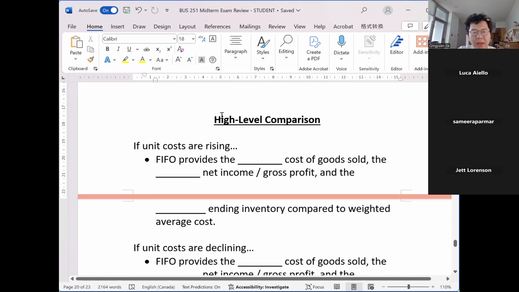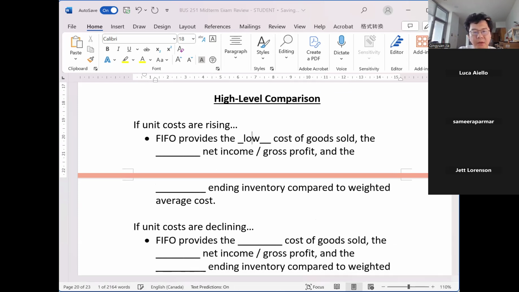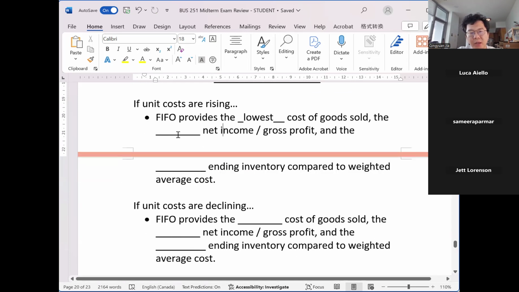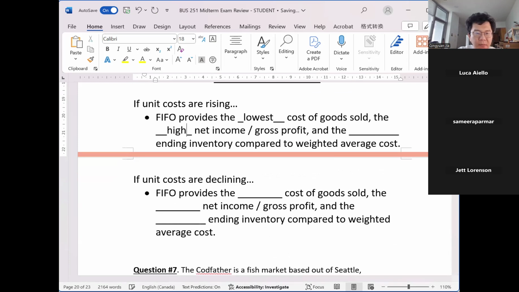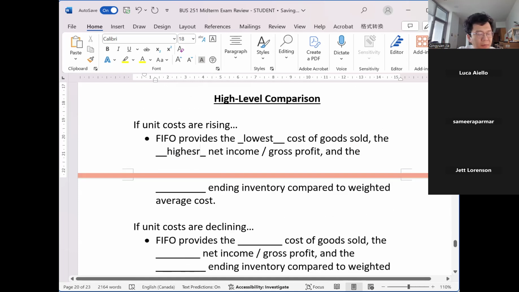So we need to make some high level comparison. If the unit costs are rising, FIFO provides the lowest cost of goods sold, because we are using the earliest batch of the goods that we purchased. Because we have the lowest cost of goods sold, we will have the highest net income or gross profit and the highest ending inventory.